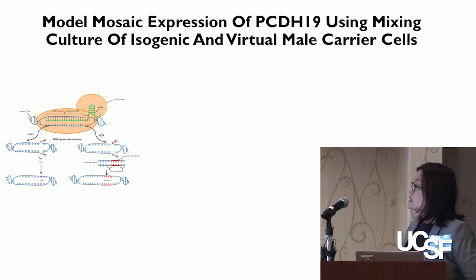Using the Cas9 CRISPR gene editing system, we can introduce loss-of-function alleles into control male cells. That way we can mix male wild type cells with male knockout cells, generating a mixed population of wild type and mutant PCDH19 cells with more consistent expression levels in this mixed culture, as also done by the first speaker, Isabel, in her talk.